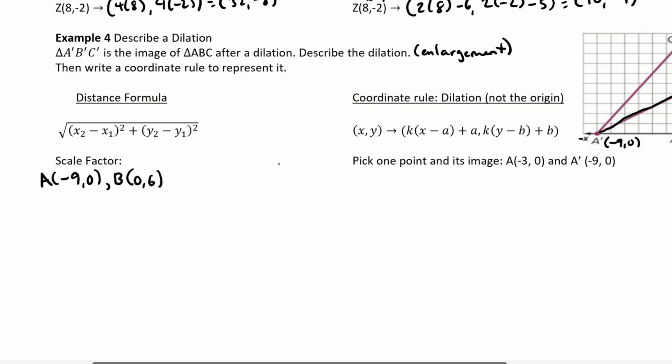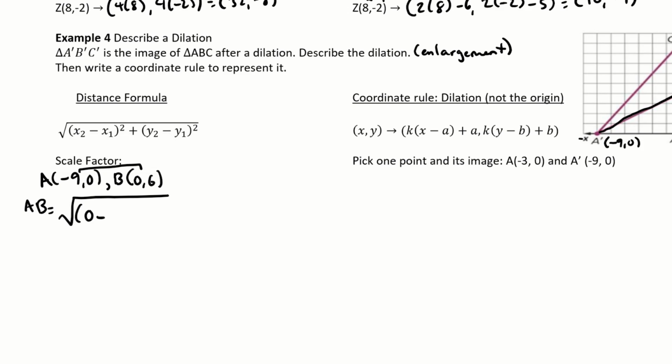Now next we're going to do the distance formula. So subtract the two x's, subtract the two y's. Let's subtract the two x's first. AB is equal to the square root of 0 minus -9, squared. So again, subtract the two x's.